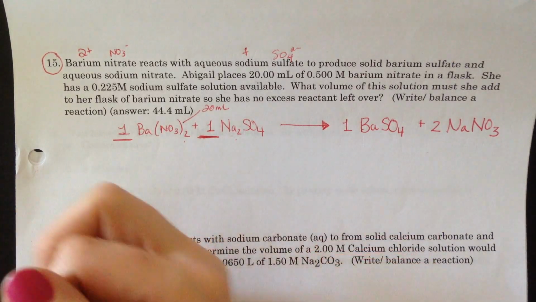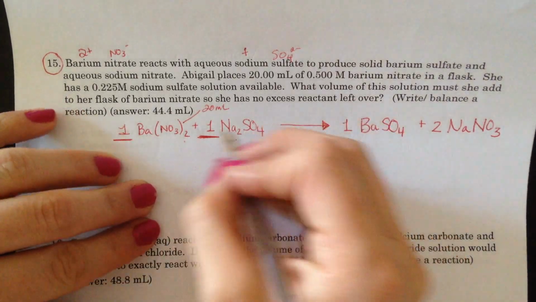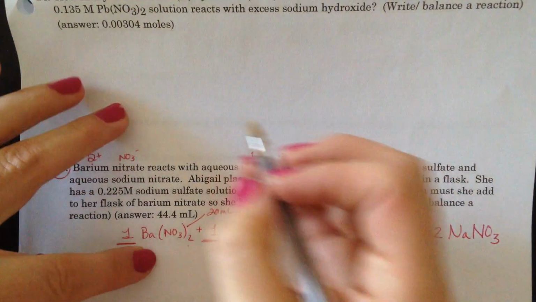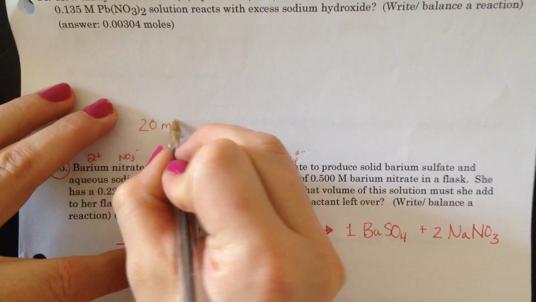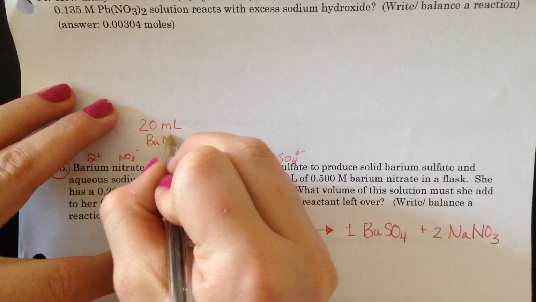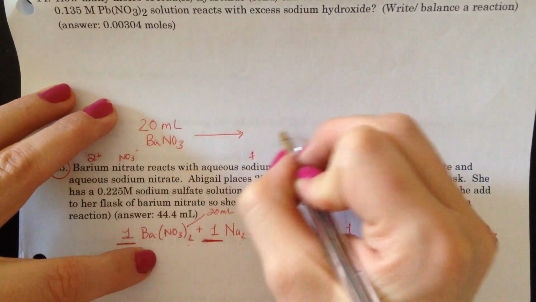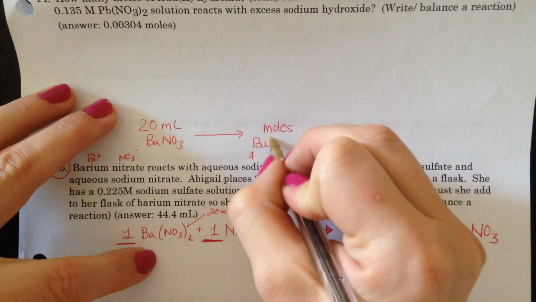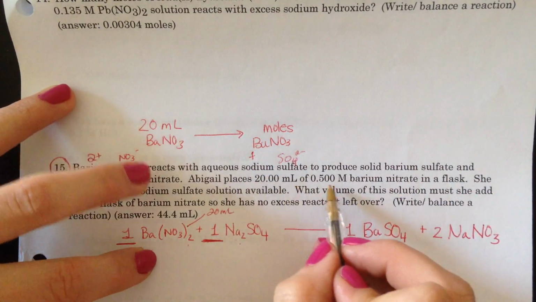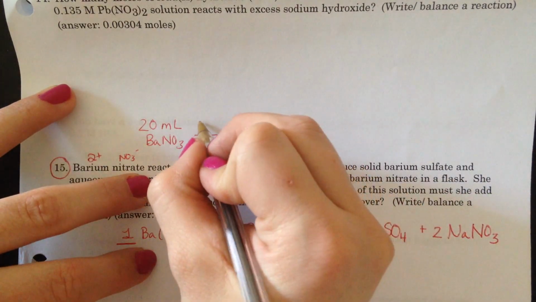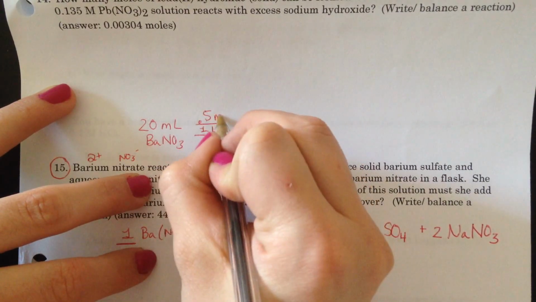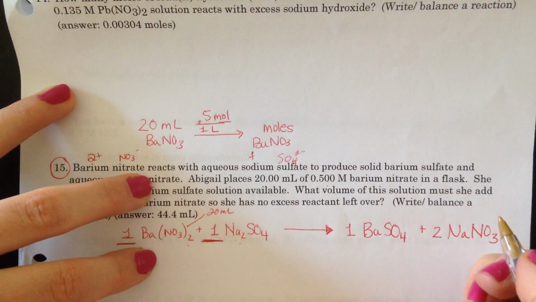So, again, we're going to be starting off with our barium nitrate, 20 milliliters. We need to find moles of that because that's the heart of our stoichiometry. And to do that, they gave us the fact that every 1 liter of my barium nitrate solution contains 0.5 moles.